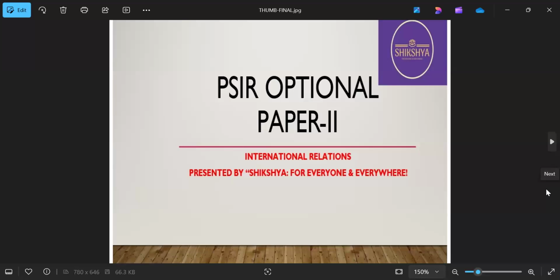Now you may be thinking, in order to achieve foreign policy, a country should have different kinds of tools or instruments. What are those tools? These activities are basically diplomatic in nature, security or military in nature, economic in nature, or cultural in nature.